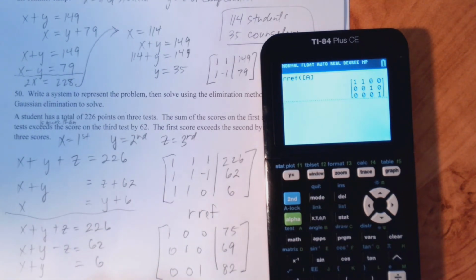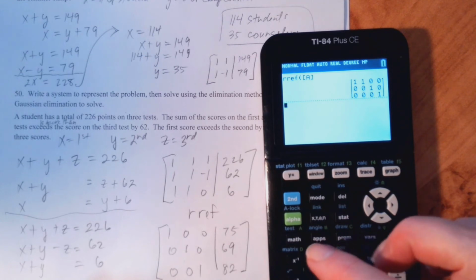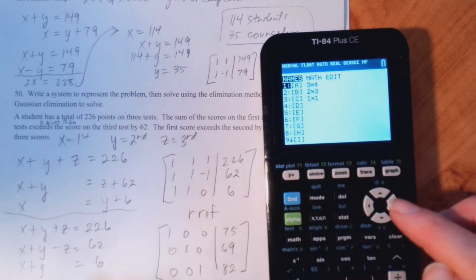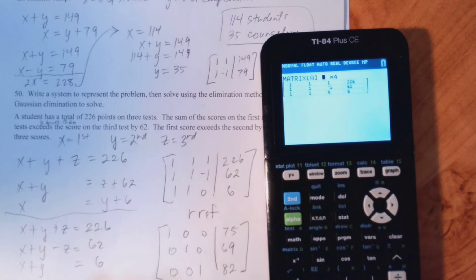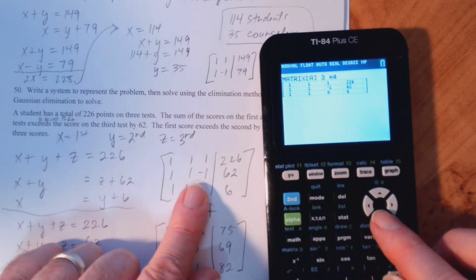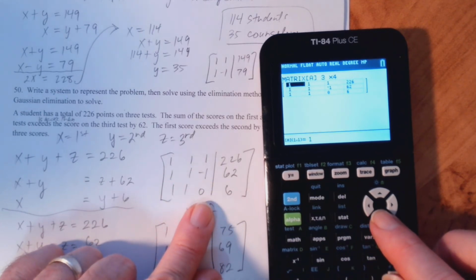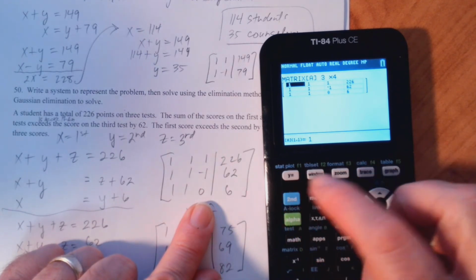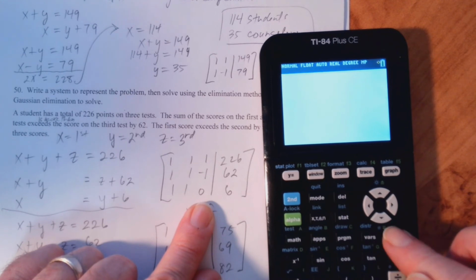What did I do? Oh, I see what, boy, I don't know what I did. Let me go back to my matrix. All right, let me go back to the front page.